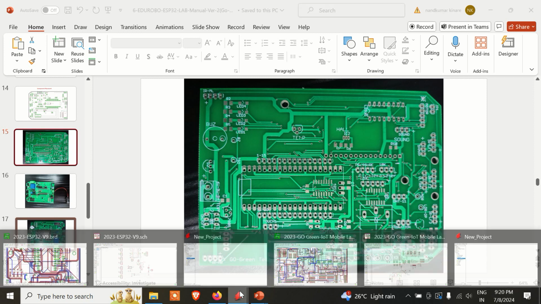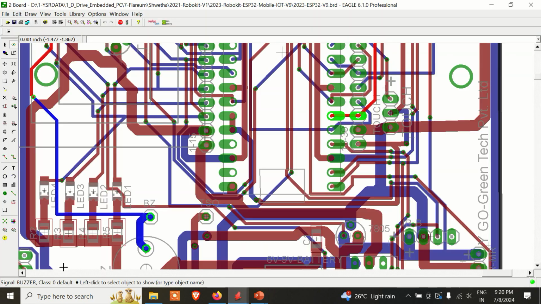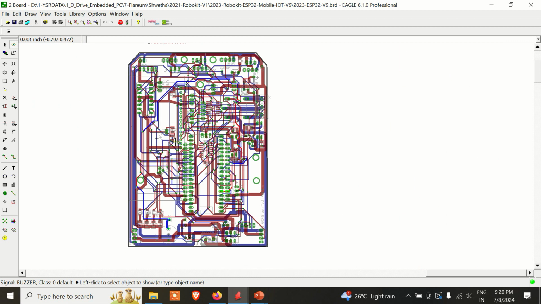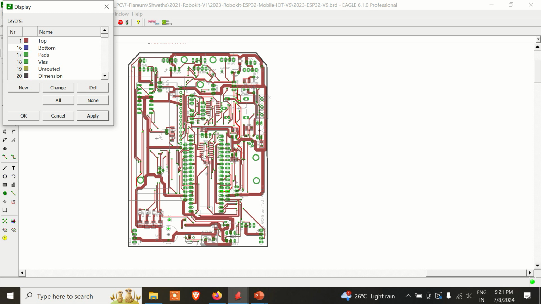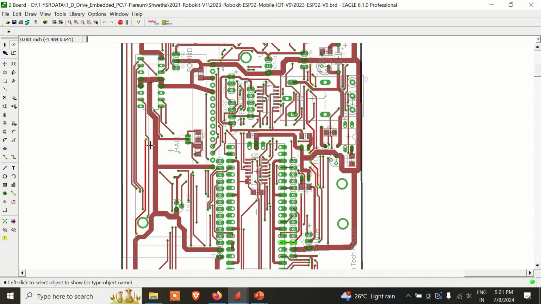This means these tracks are moving from top to bottom, bottom to top. For example, in a double-sided PCB, let's say the same PCB we are using right now, if you quickly visualize how it looks, you can see this is how it looks. This is exactly what we have made. But if you want to see the top layer, then I will switch off the bottom layer. Now you will see the red lines which are on the top side. It doesn't mean that these pads are meant for soldering.